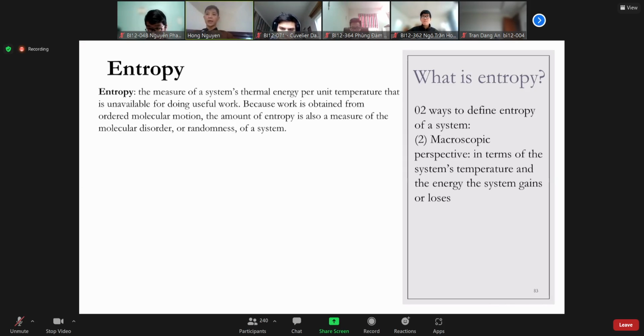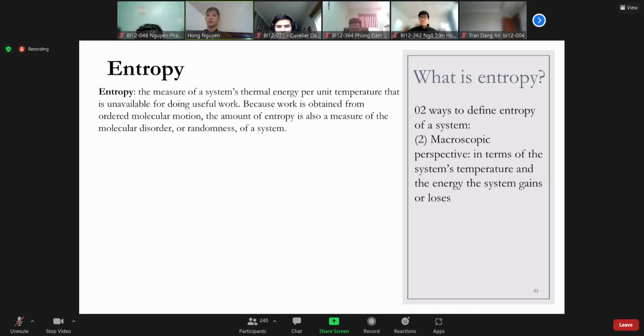In this way, we understand the entropy as a measure of the system's thermal energy per unit temperature that is unavailable for doing useful work. A thermal energy per unit temperature, yeah, of the system that is unavailable for doing useful work.